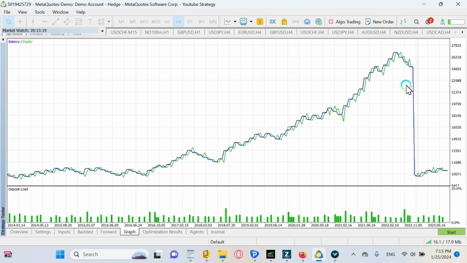I admit it is misleading, because the graphic is not good. This part here is not part of the equity chart. What you see here is that this part up until here, this entire part, is the backtest.